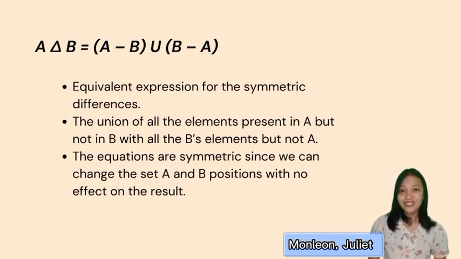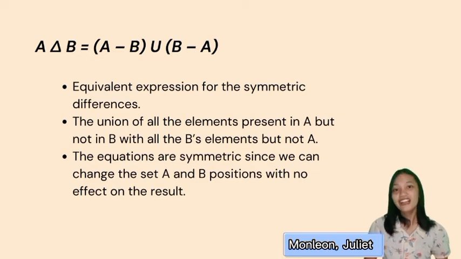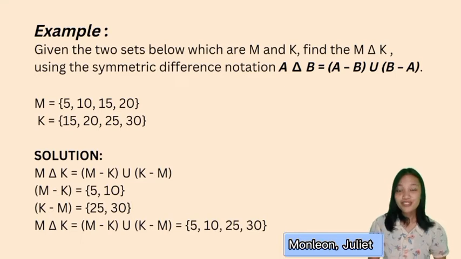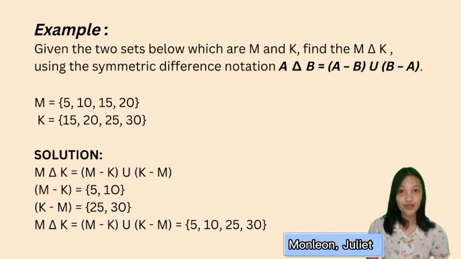For us to clearly understand this symmetric difference notation, let us study the given example. We will use the same example to prove that the results are still equal despite the different notation used.